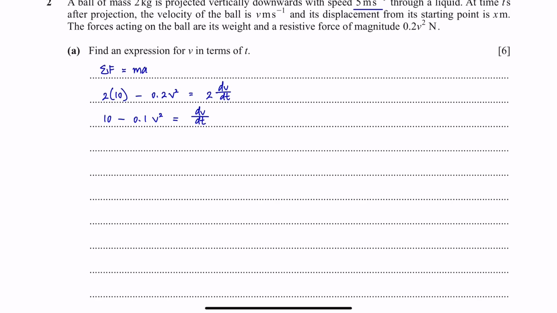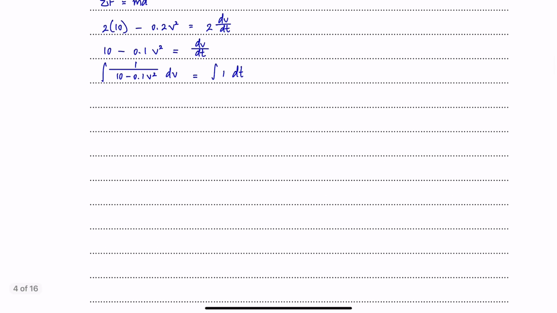Now we can change this equation to 1 over 10 minus 0.1 v squared dv equals 1 dt. Now we can take the 10 out, so we have 1 over 100 minus v squared dv equals 1 dt.